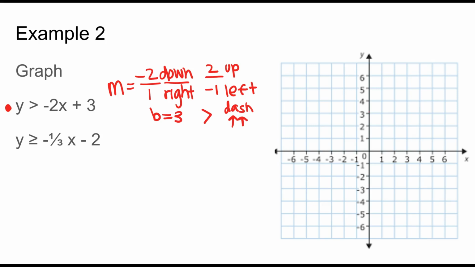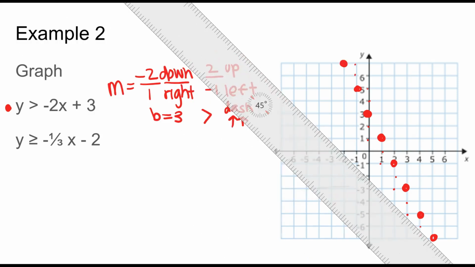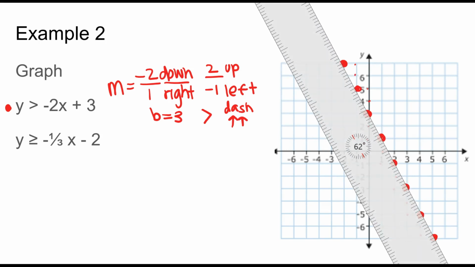So we've got our y-intercept of 3, down 1, 2, right 1. And we're going to connect these with a dashed line.